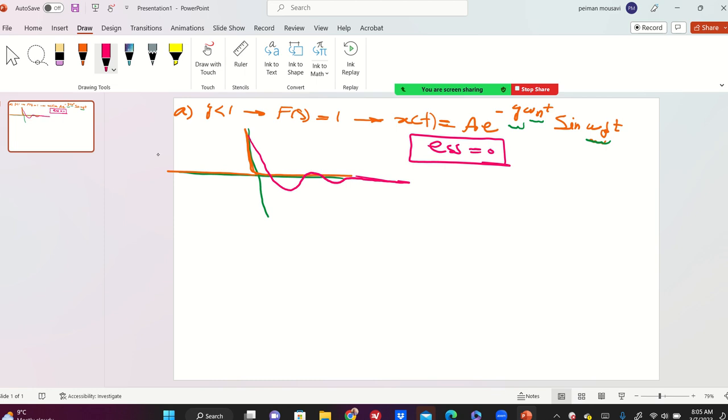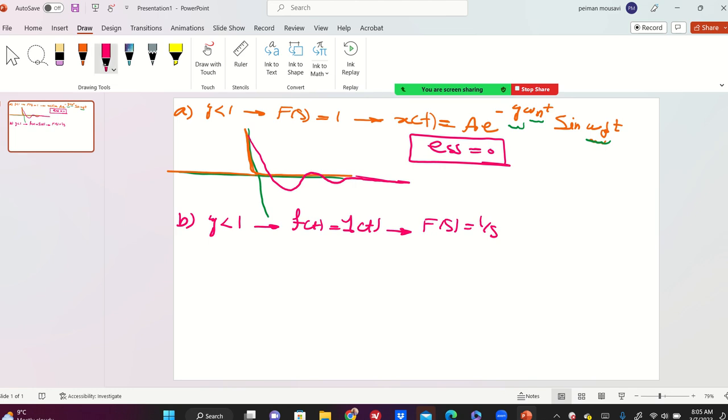So now let's go into case B, when zeta is still underdamped, but f of t is a unit step, meaning that F of s is 1 over s.